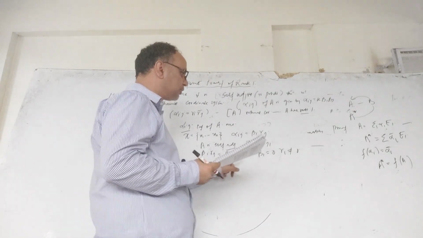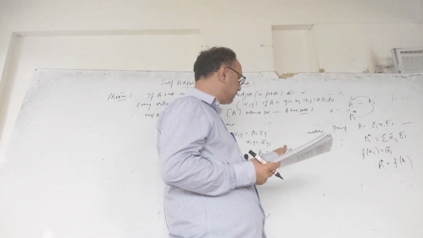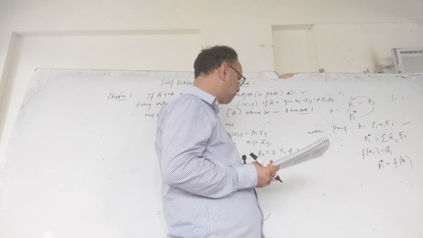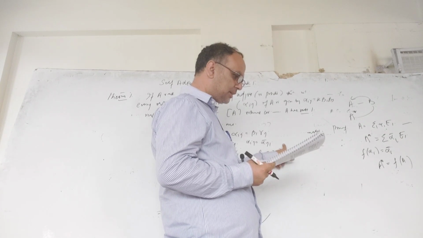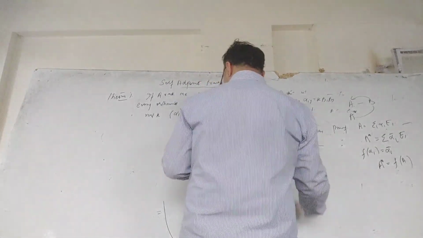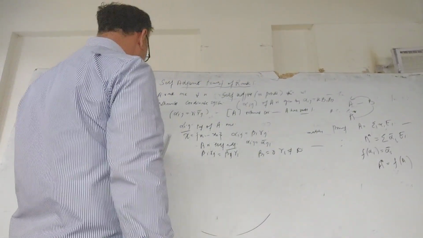If it has rank 1, the proper values will not be 0. So gamma is not necessarily equivalent to 0.